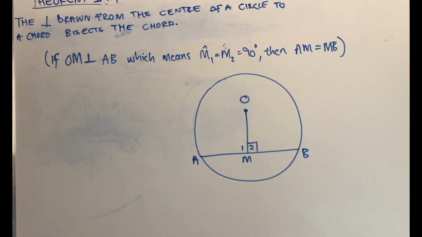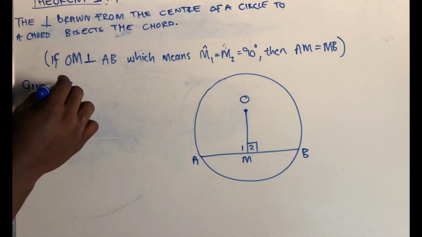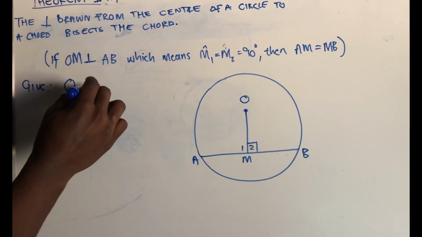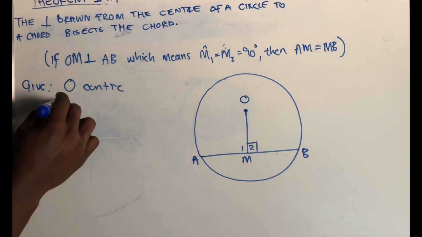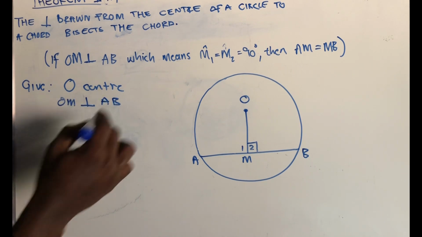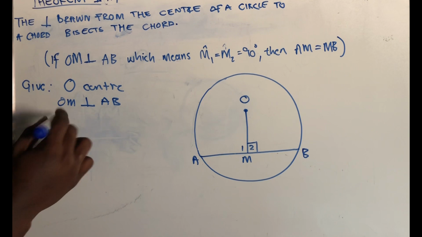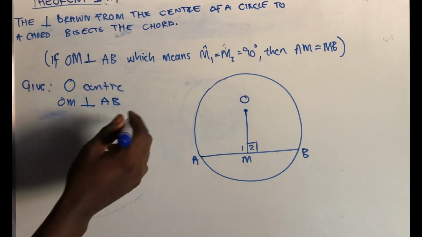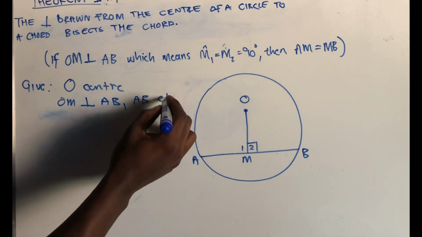And then what we have here, we are given that O is the center, and also we are given that OM is perpendicular to AB, and lastly, for the sake of space, let's write it here, AB is a chord.